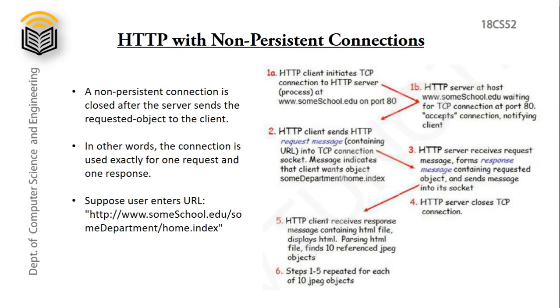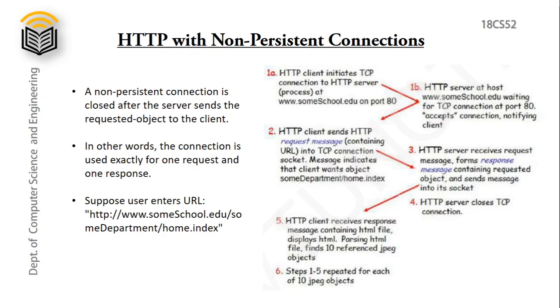HTTP with non-persistent connections. So now we will study how exactly HTTP works with non-persistent and persistent HTTP connections. Let's suppose the user enters the URL http://www.some-school.edu/some-department/home.index. Consider in this case it has one base HTML page and 10 images.